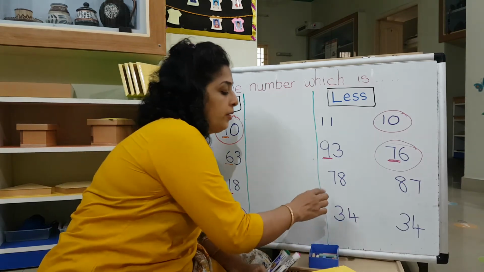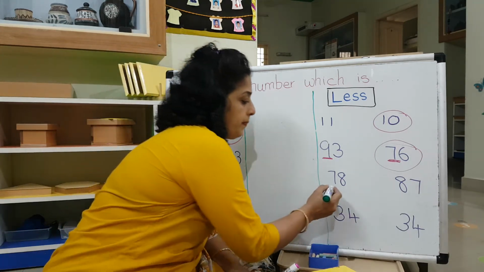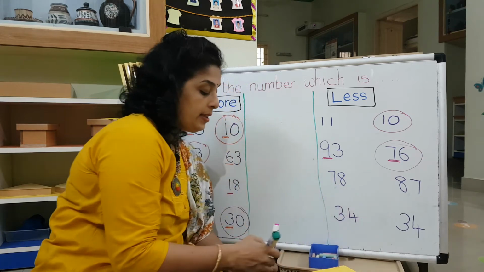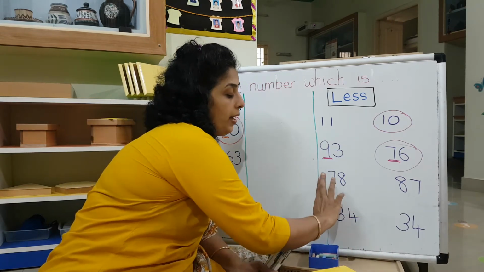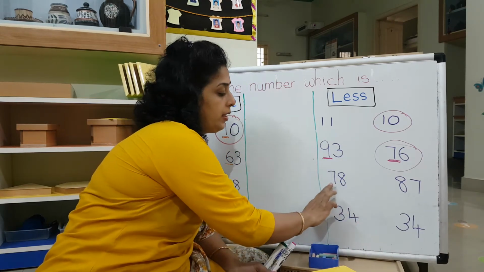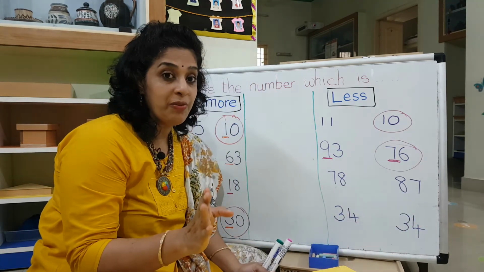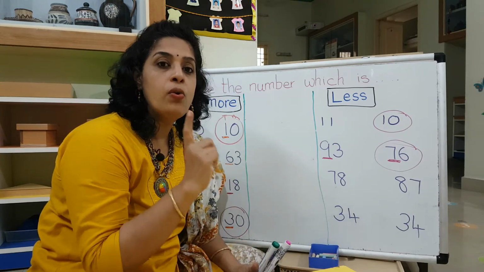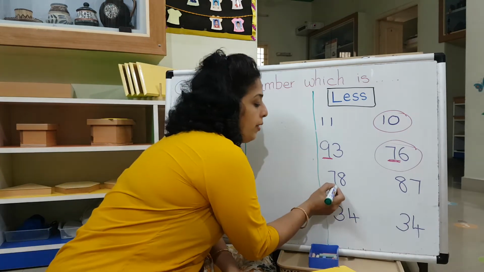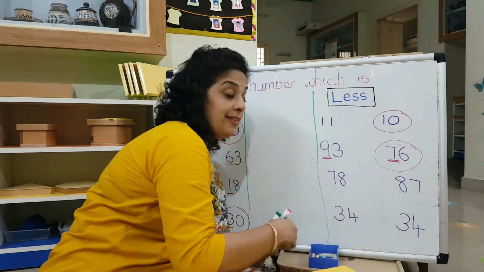Now let's look at 78 and 87. Okay? Go to the tens place. Here you see it is the same numbers but written upside down. Here you have 7, 8. Here you have 8 and 7. Both are same digits. It may be confusing. That is why I tell you to go for the place value. Look at the tens place first.